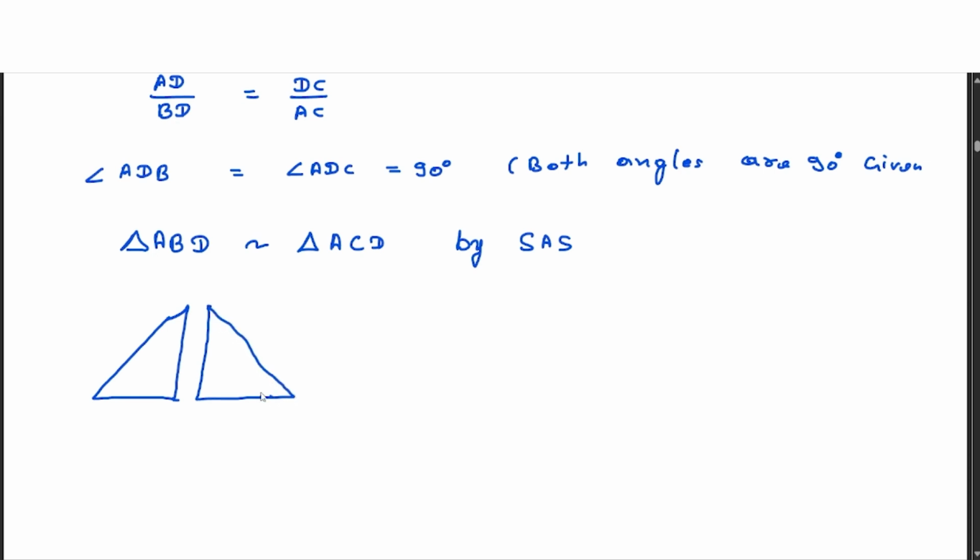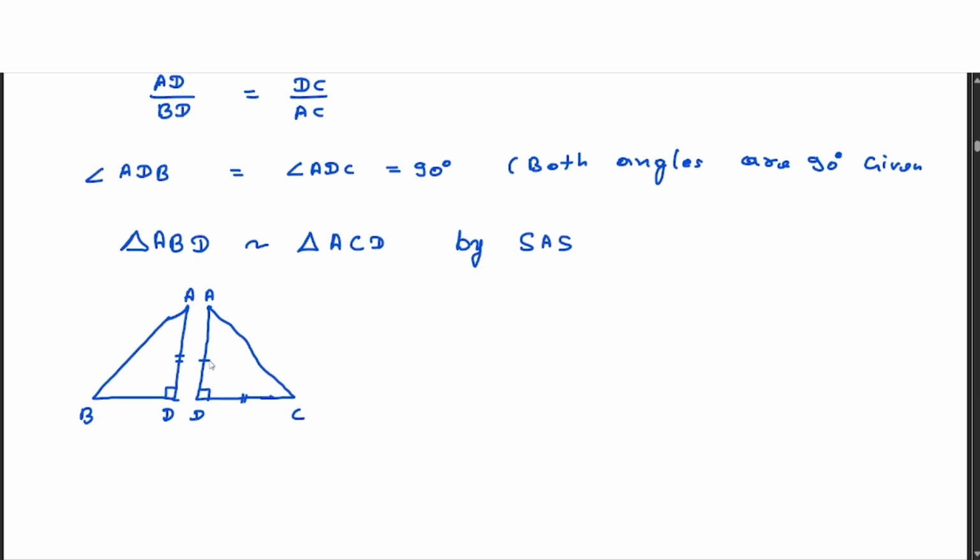I have broken this triangle into two parts. So this is A, and this is D, and this is basically CB. And this one is already given 90 degree. Now here we can say this side ratio is equal to this side ratio.